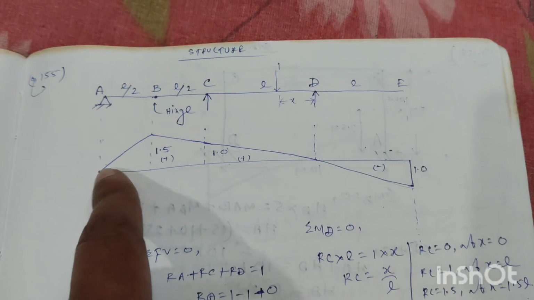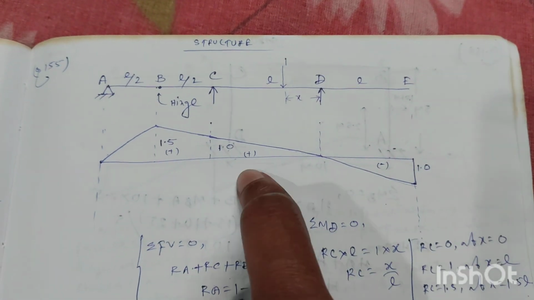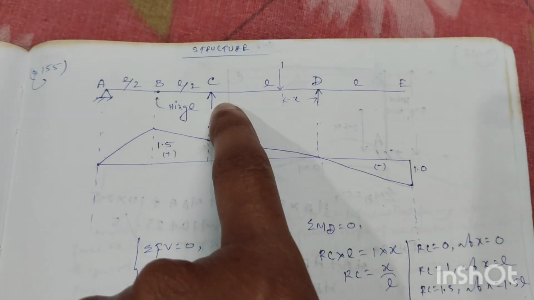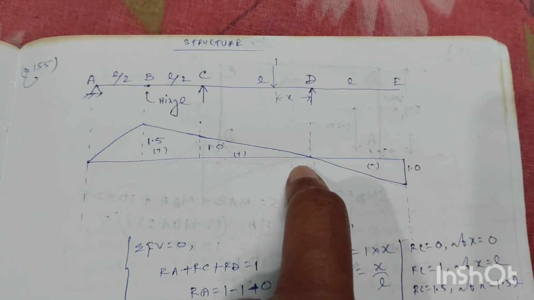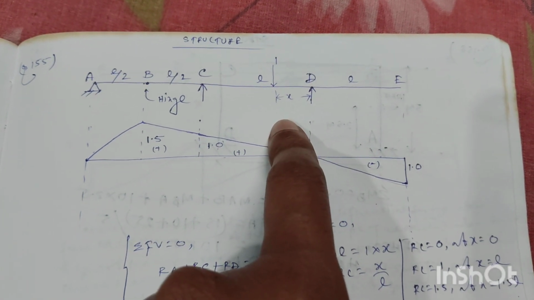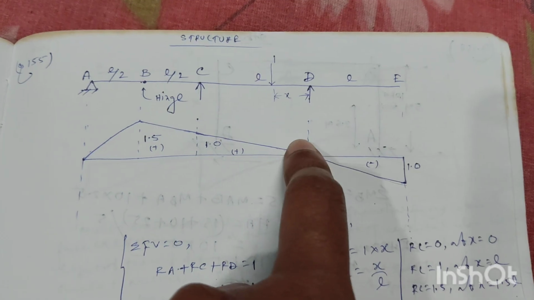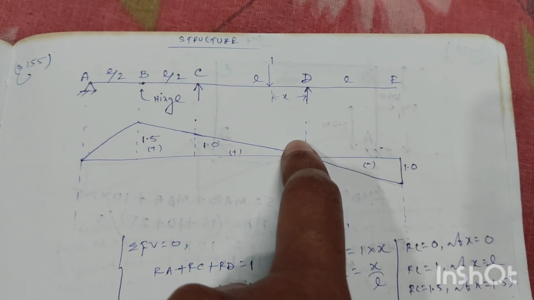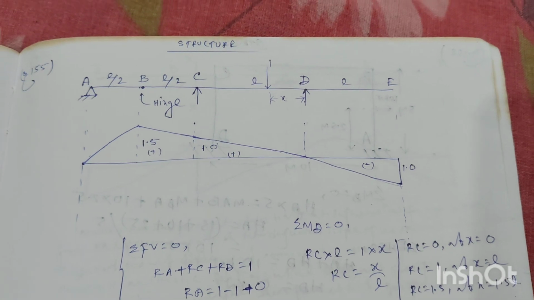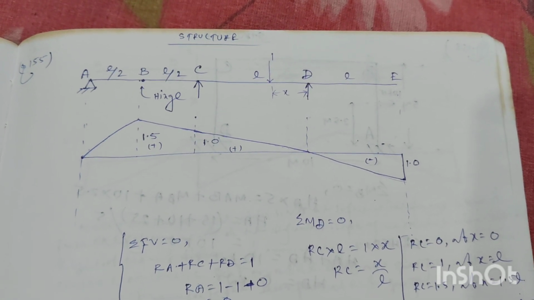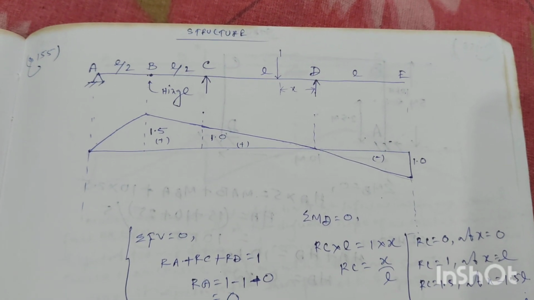So this is your baseline from A to E. RC is the reaction at support C. Now say a unit load of 1 unit is acting on the beam at a distance X from the support D. Now let's take moment at point D. So the summation of all the moments at point D is equal to 0.